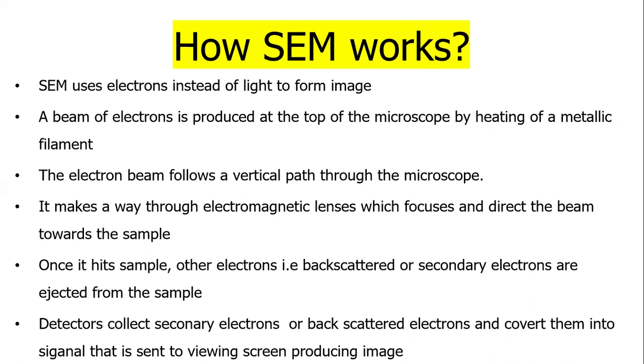Once it hits the sample, backscattered or secondary electrons are ejected from the sample. The detectors collect secondary electrons or backscattered electrons and convert them into a signal that is sent to the viewing screen, producing an image.